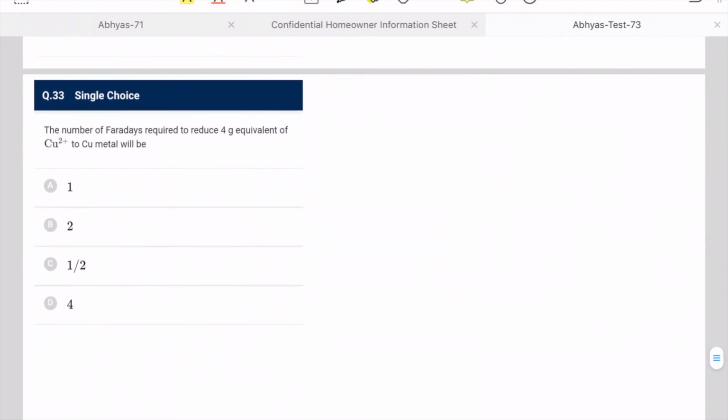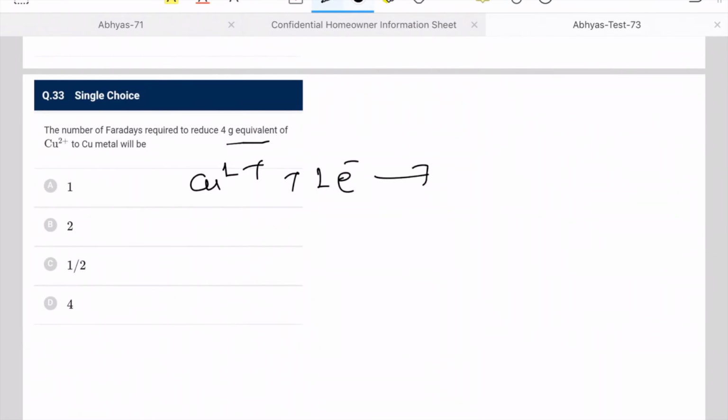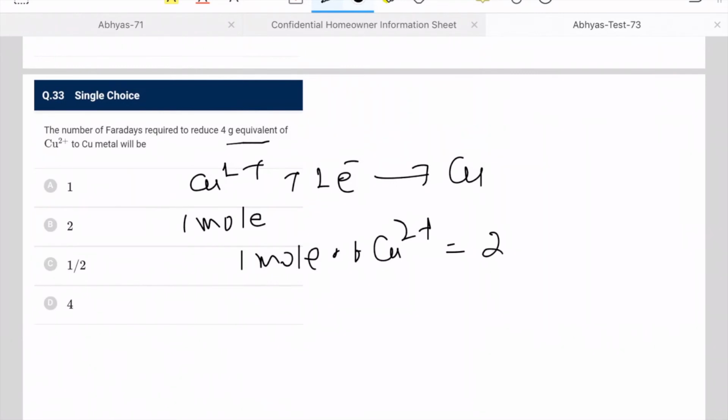So we can go to 33. Question number 33: the number of Faradays required to reduce 4 gram equivalents of Cu2+ to copper metal. We can calculate like this. Cu2+ plus 2 electrons gives rise to Cu. So 1 mole of Cu2+ is equal to 2 equivalents.